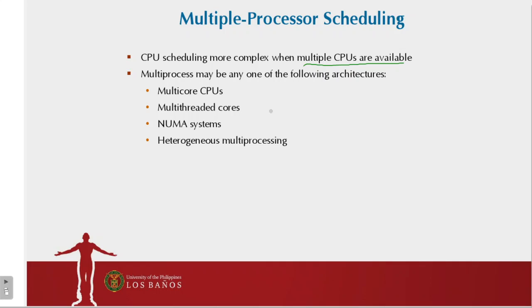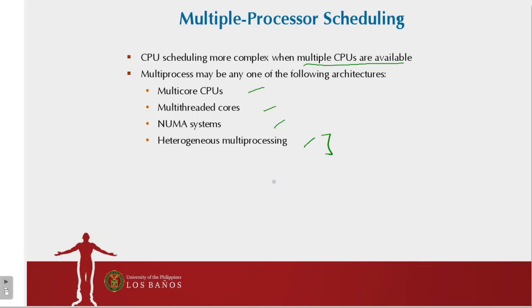You can look at different architectures, like scheduling in multi-core CPUs, multi-threaded cores, and non-uniform memory access systems. We'll also look at heterogeneous multiprocessing, like in cell phones. I recall we'll talk about cell phones later, because they use heterogeneous multiprocessing.